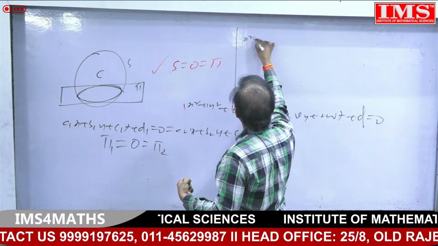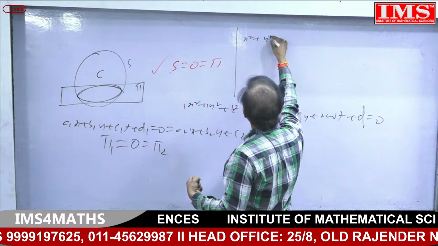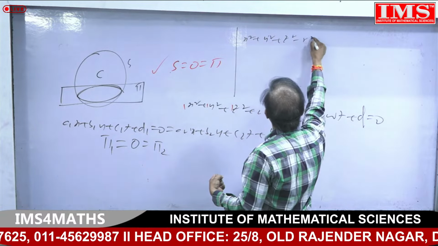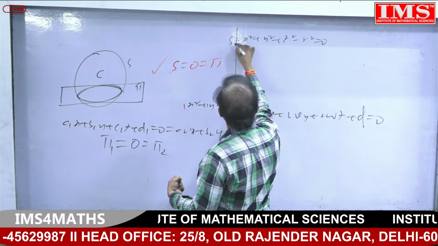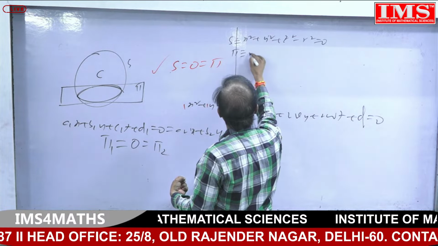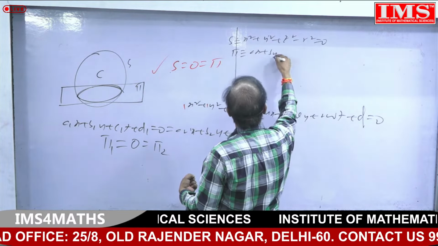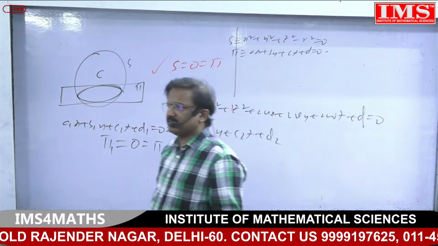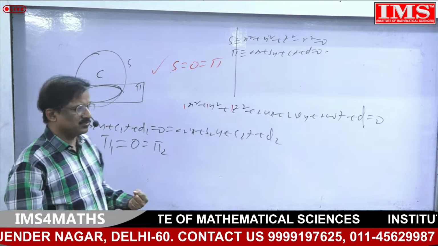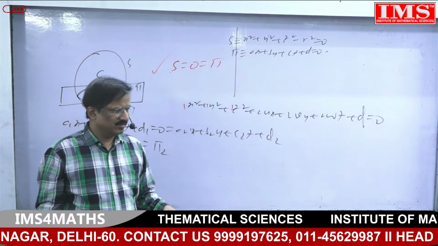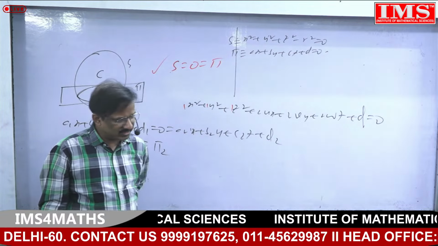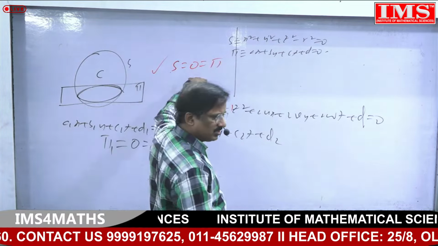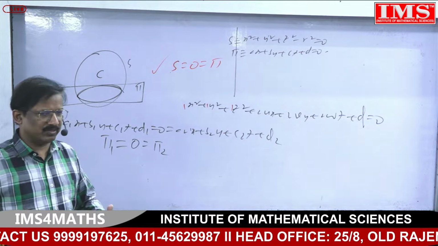You can write x square plus y square plus z square minus r square is equal to 0, it is S. And plane pi is ax plus by plus cz plus d is equal to 0. These two equations together are known as a circle, right? When my plane cuts a sphere, I get a circle, and that representation of the circle is given by the two equations.